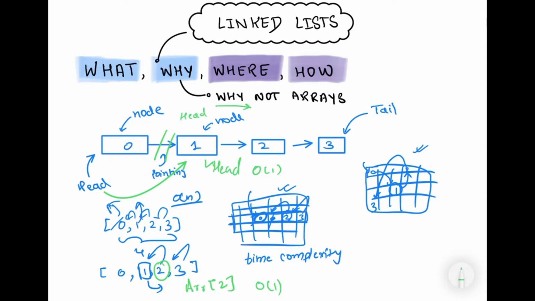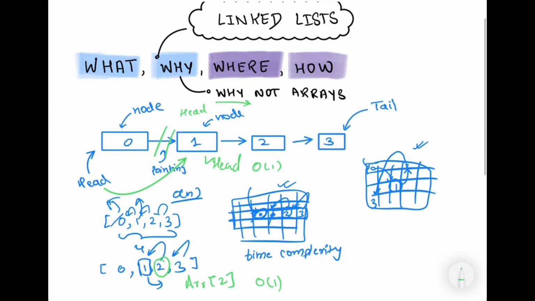You cannot directly access the elements. You can't directly jump to the 22nd element of the linked list. You could have done that on the array, but in a linked list you have to start from head and then go 22 times to the next element, and then you will be at that position. That means it takes O of n time complexity at worst case to access an element.